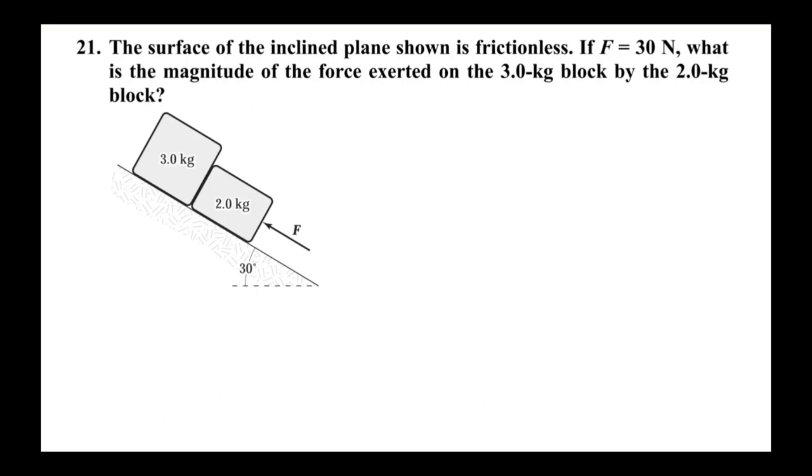The surface of the inclined plane shown is frictionless. If F equals 30 newtons, what is the magnitude of the force exerted on the 3 kilogram block by the 2 kilogram block? Now let's have a free body diagram here. This is mg right here, and this one here is mg sine theta.